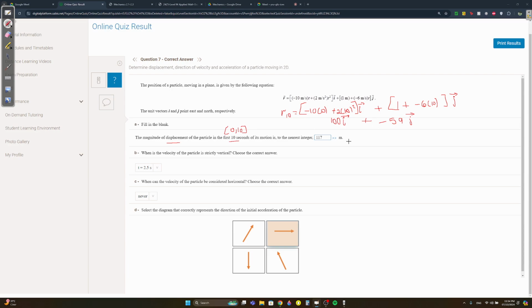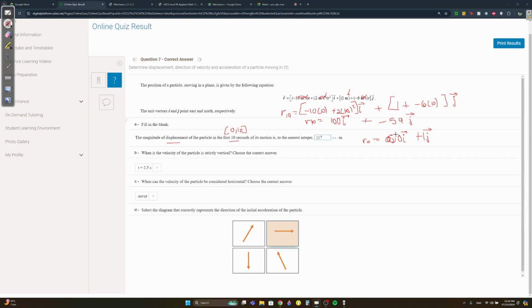Yeah, and then for r0, this is r10, right? For r0, you substitute t equals 0, you're gonna get 0 here, 0 here, 0 here, you're only gonna have 1j. So r0 is 0i plus 1j. We want r10 minus r0, between 0 and 10.